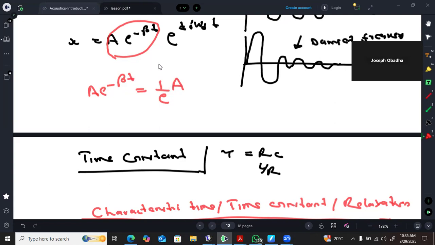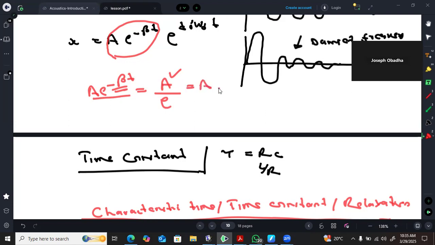After what value of t would it have reduced to this? In other words, after what value of t shall it have reduced to A over e? Because the original value is A. For that to happen, we need this to be equal to A over e.